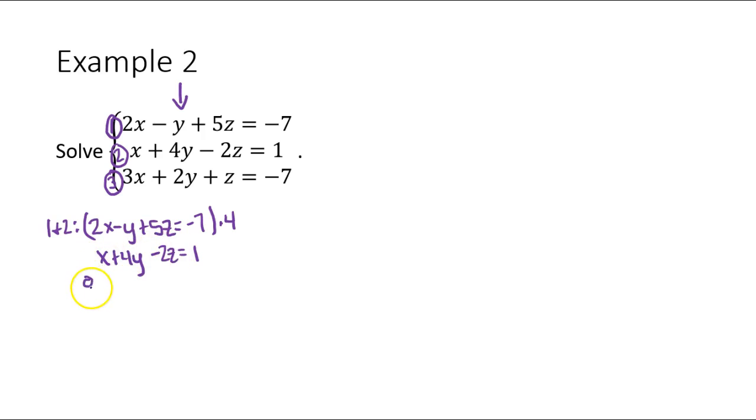This is going to give me 8x minus 4y plus 20z equals negative 28. And now I should be able to add these together.